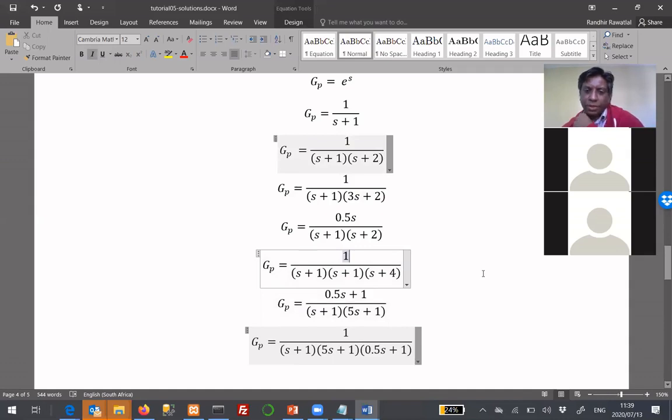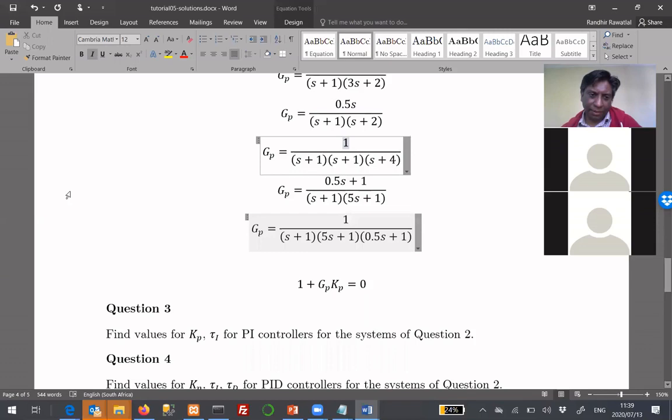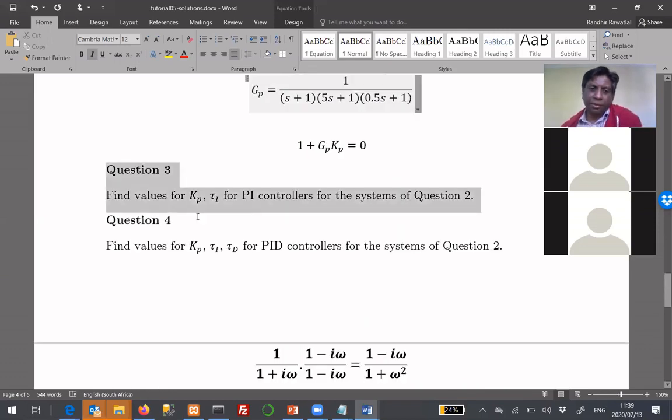What does that do in relation to your functions? And then this question 3 asks for finding all these parameters for controlling the process. And also in tutorial 4, the same questions apply, right? Find the controllers that control those processes.